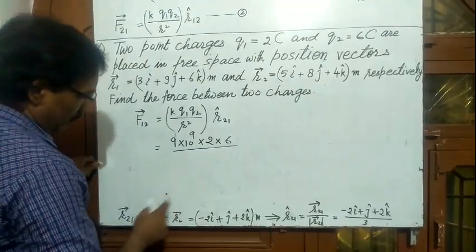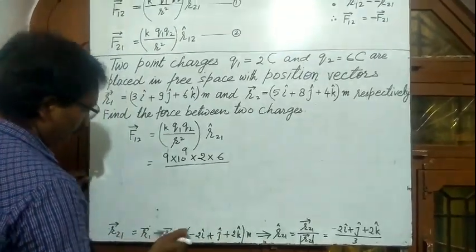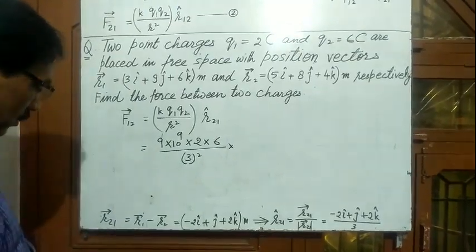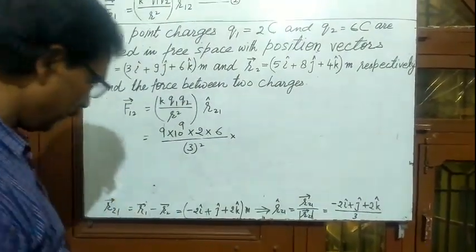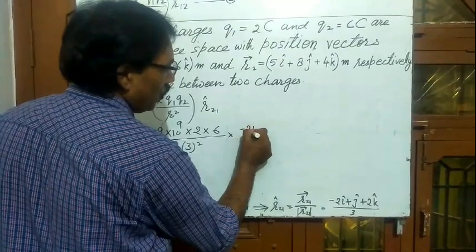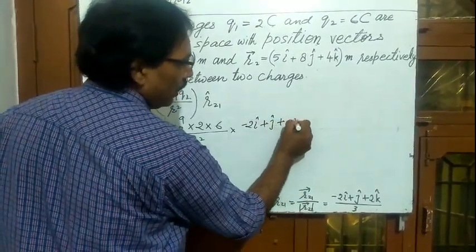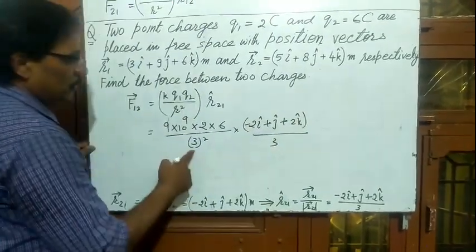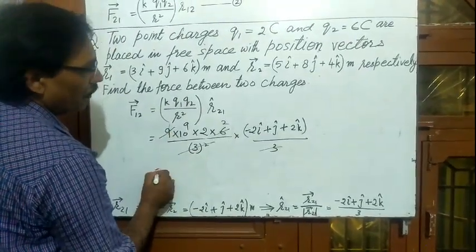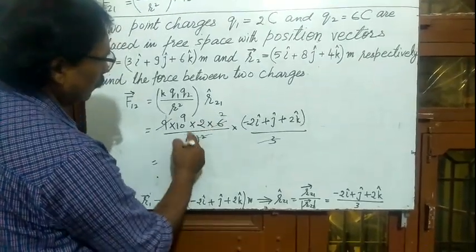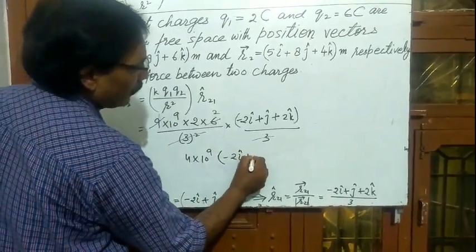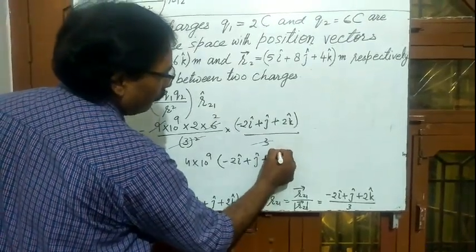And the distance between the two charges has come equal to 3, so 3 square, into unit vector R21, which is minus 2 i cap plus j cap plus 2 k cap divided by 3. 3 threes are 9, and 3 is cancelled out, 2 into 6 is 12, and this will be cancelled by 9. So we will have 4 into 10 to the power 9 into minus 2 i cap plus j cap plus 2 k cap.